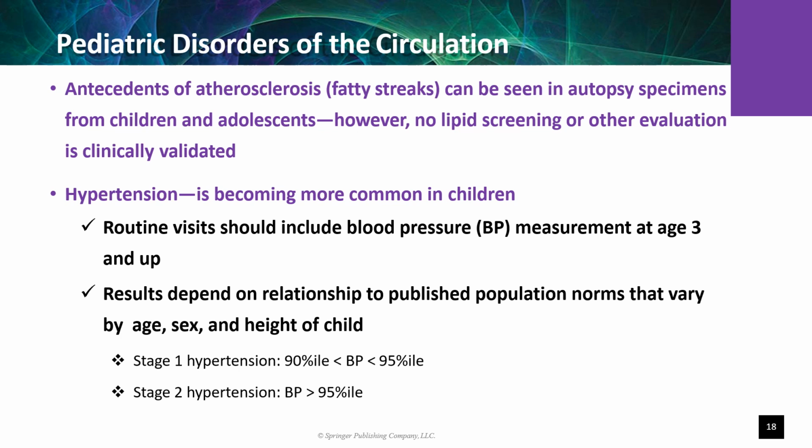Hypertension is the most common disorder of the circulatory system in children, and the prevalence, unfortunately, is increasing, often due to sedentary lifestyle, obesity, and type 2 diabetes. The clinical significance of early identification and treatment of pediatric hypertension is high.